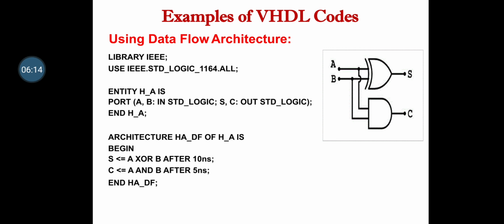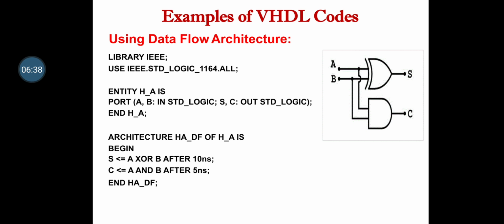The very first thing is the library declaration, and second is the entity declaration: the entity name and then the ports. A, B are the input ports, and S and C are both outputs of standard logic. That completes the entity declaration, and then we write the architecture.